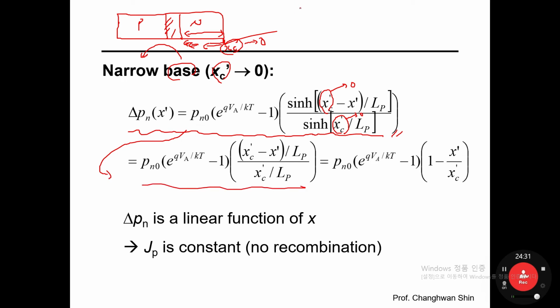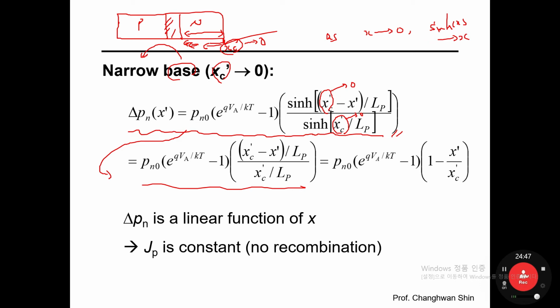So I guess you need this: as x is approaching zero, hyperbolic sine x is also approaching x.